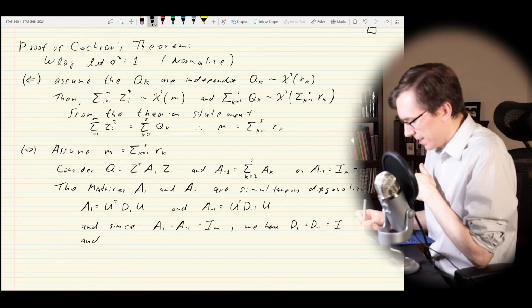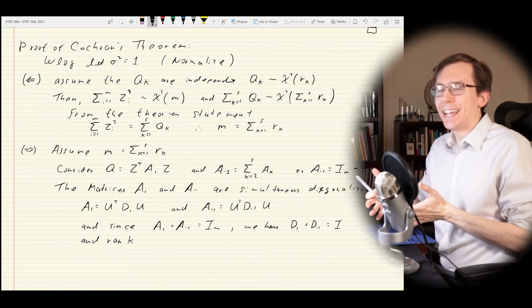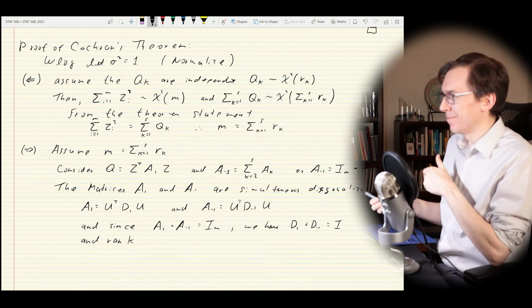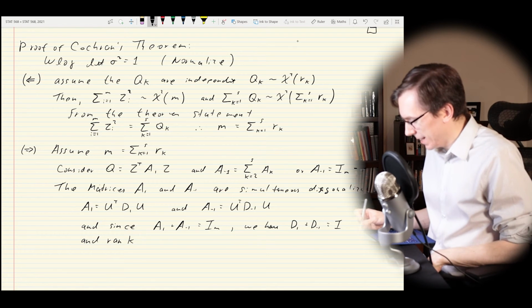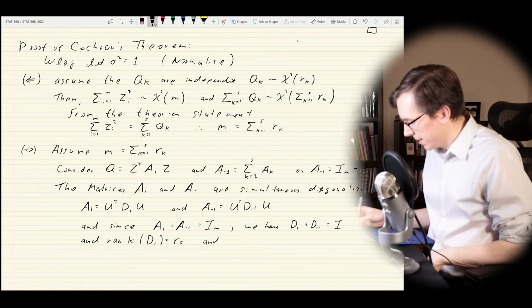And the rank of A is the rank of D, which means that the rank of D1 is just going to be R1, and the rank of D minus 1 is going to be M minus R1.